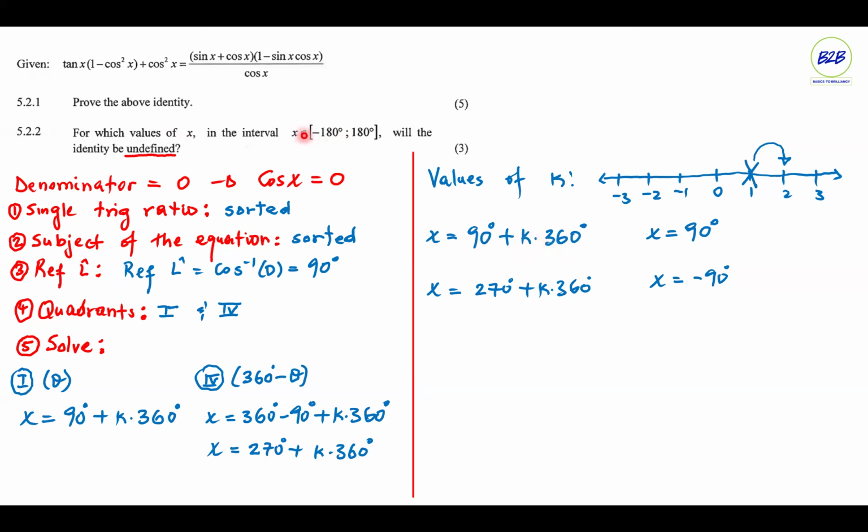Then we go to the interval once more. Is negative 270 degrees within the given interval, or within the given domain, to be specific? Then the answer is no. Minus 270 degrees is not within this domain. So what does that mean?